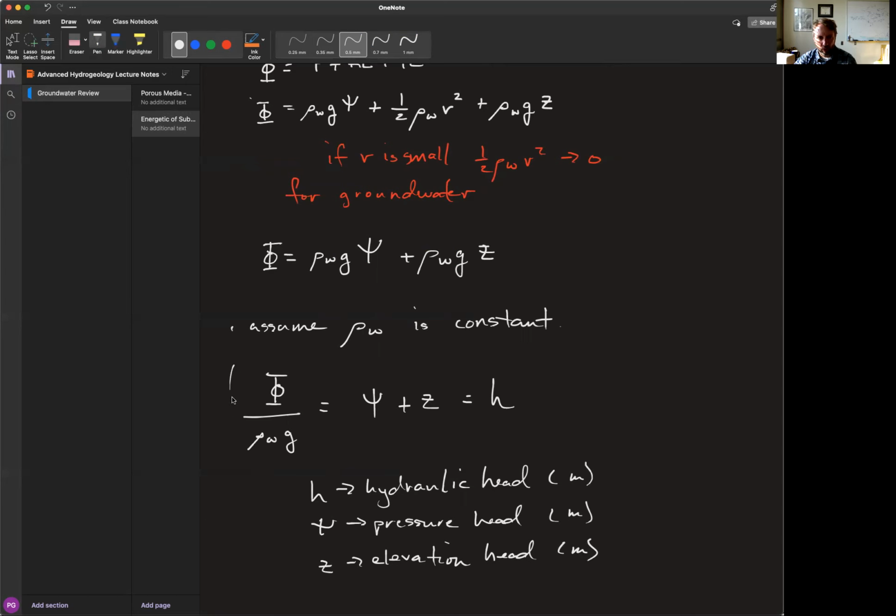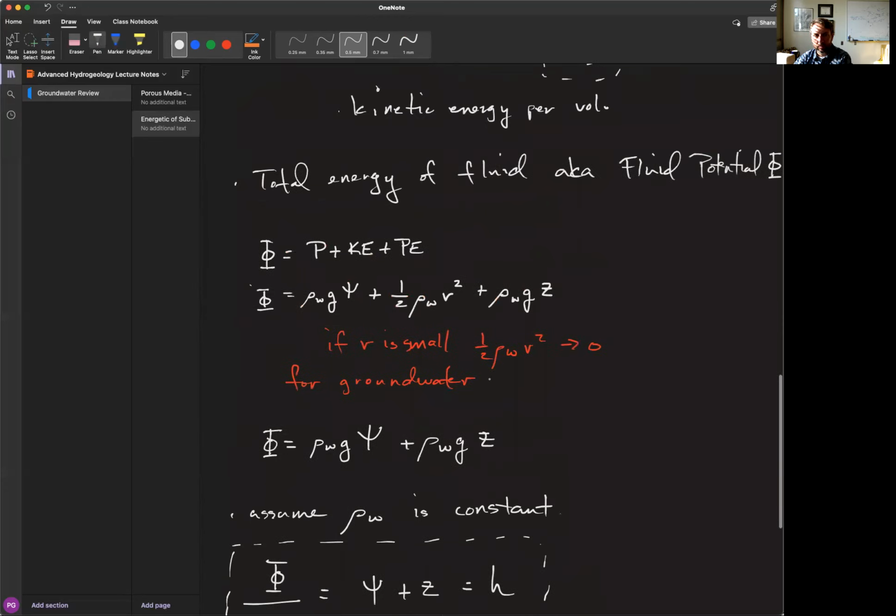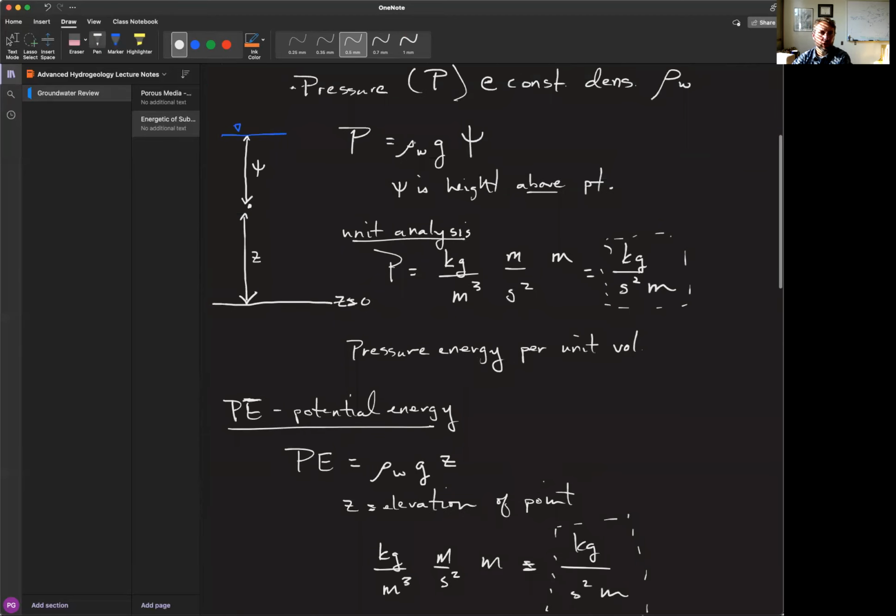And what this really important equation says is that I can take a measurement of the total fluid energy per unit volume. If I assume constant density, it is a measure of the elevation of my water above a point, psi, plus the elevation of that point above some zero datum. All right, so this is my hydraulic head.